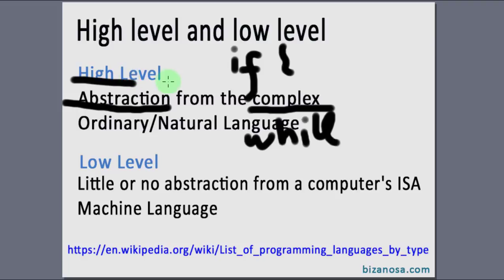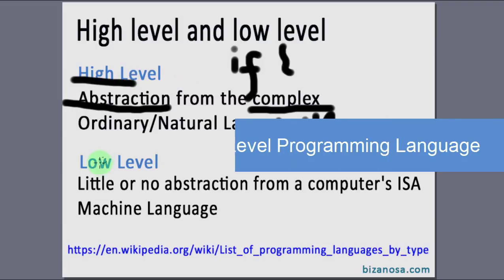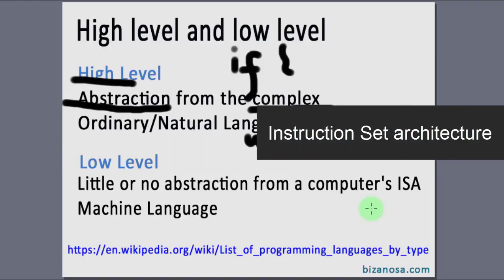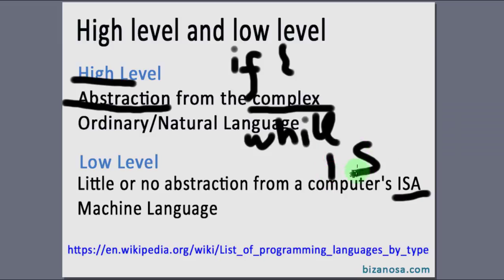So that's a high-level programming language. And then we also have the low-level ones. These ones give little or no abstraction from a computer's instruction set architecture. So the ISA in a computer, the instruction set architecture, is a part of the computer that handles the programmatic things of a computer.